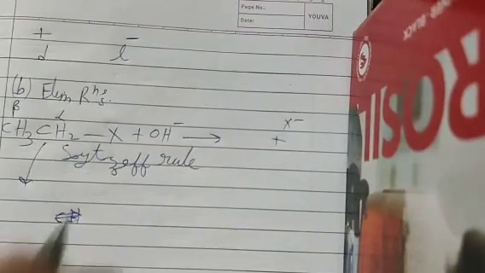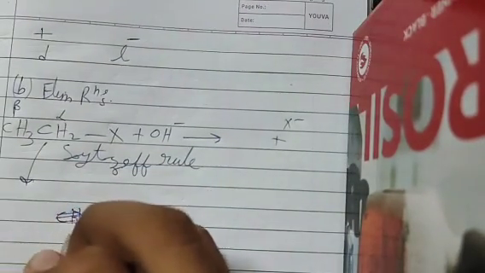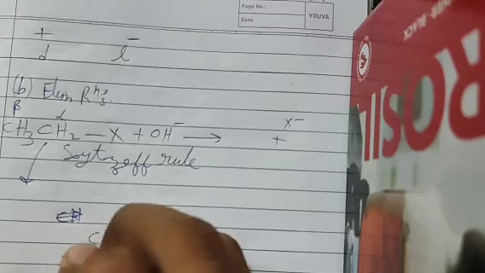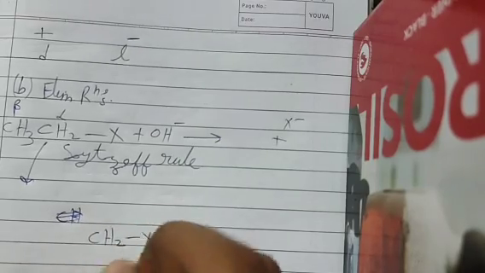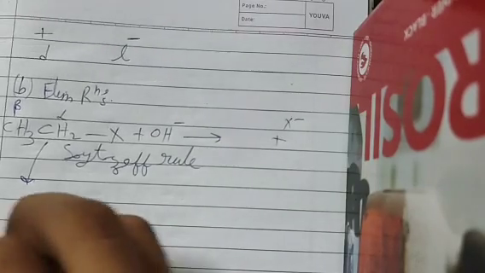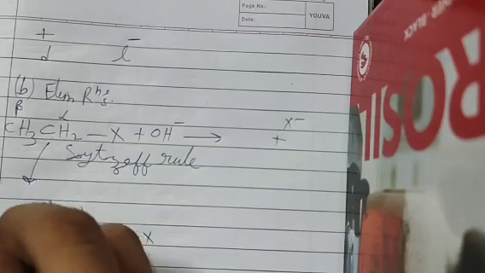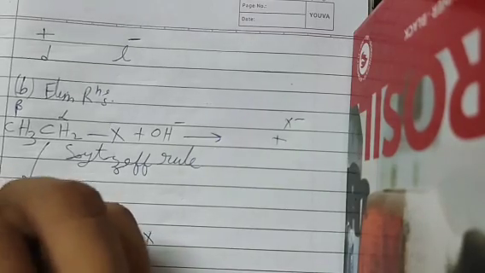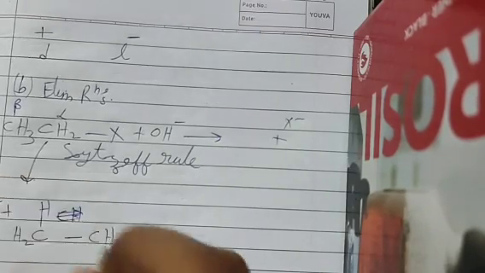So I am having here CH2 with my halogen, and here I am having carbon, one hydrogen I'll show like there, and one more H2. So my base is coming.